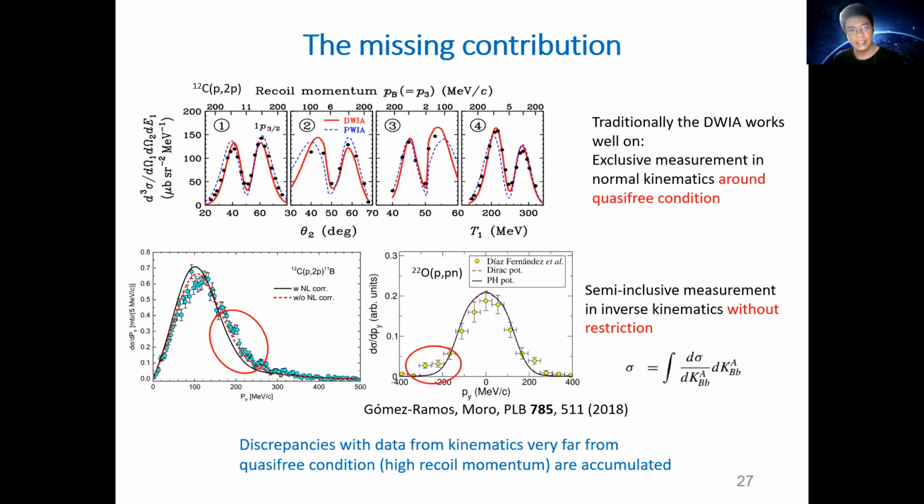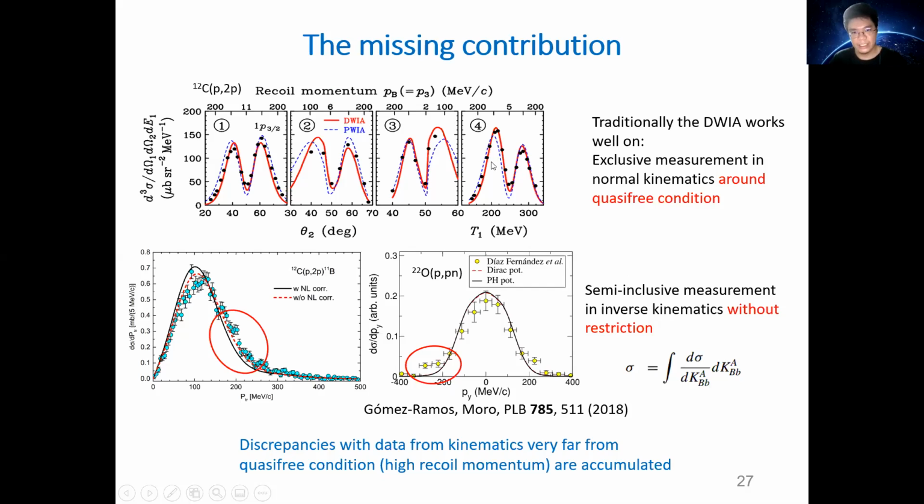So, to sum up on the missing contributions, I should mention that DWIA in normal kinematics works very well, because those measurements were always performed around the quasi-free conditions. While for some of the data measured, like at GSI, using inverse kinematics, where we don't implement any restrictions, you will see that there is a lot of underestimate at higher recoil momenta.